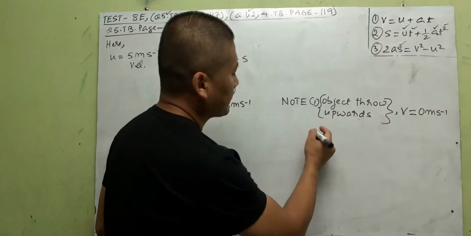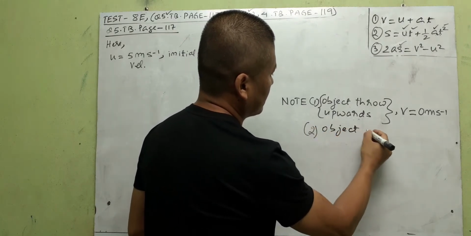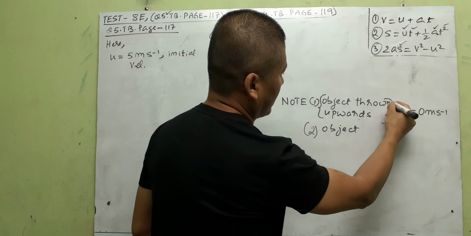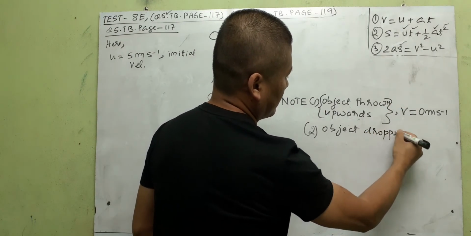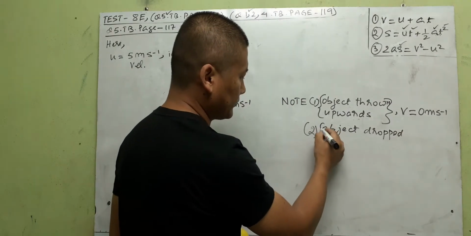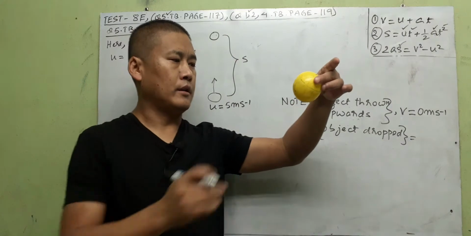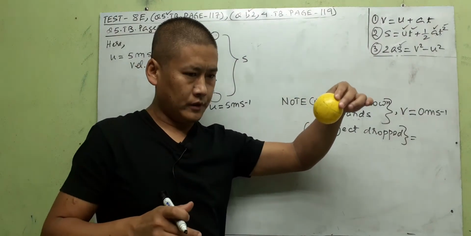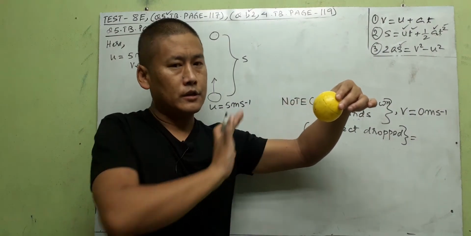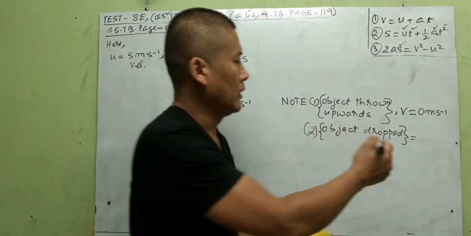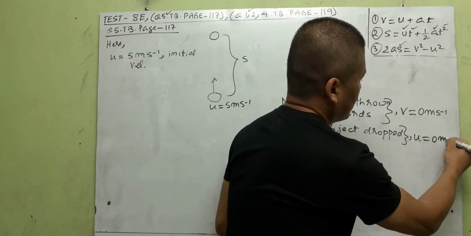Keep this in mind. Now the reverse: for an object dropped from a height, like you go to the top of a building and drop this ball, just before you drop it, it is stationary in your hand, right? In such a case, the initial velocity will be 0 meter per second.